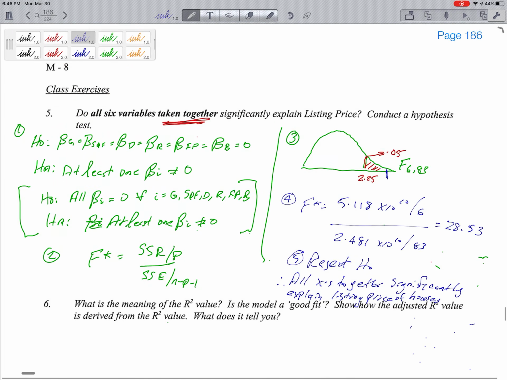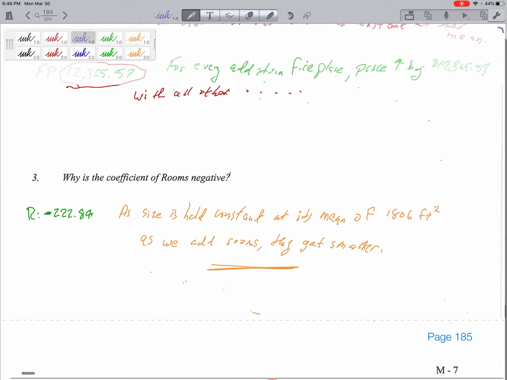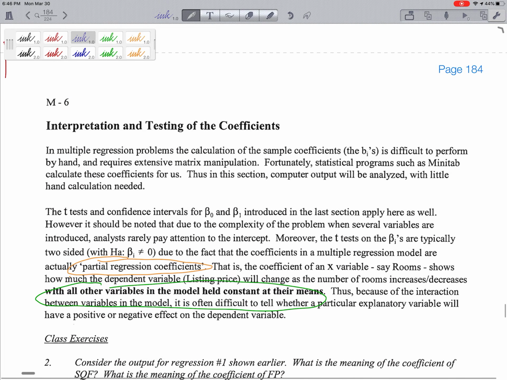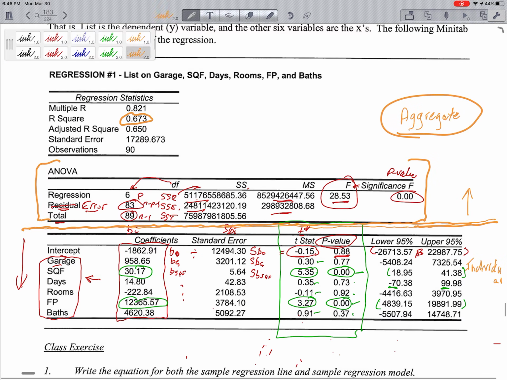Okay. How much? Well, that's the R-squared value. So let's go up here now and take a look at the R-squared value. So the R-squared value then is this guy right here, which is 0.673. And then the adjusted R-squared, I'll show you how to do that calculation, is 0.65.